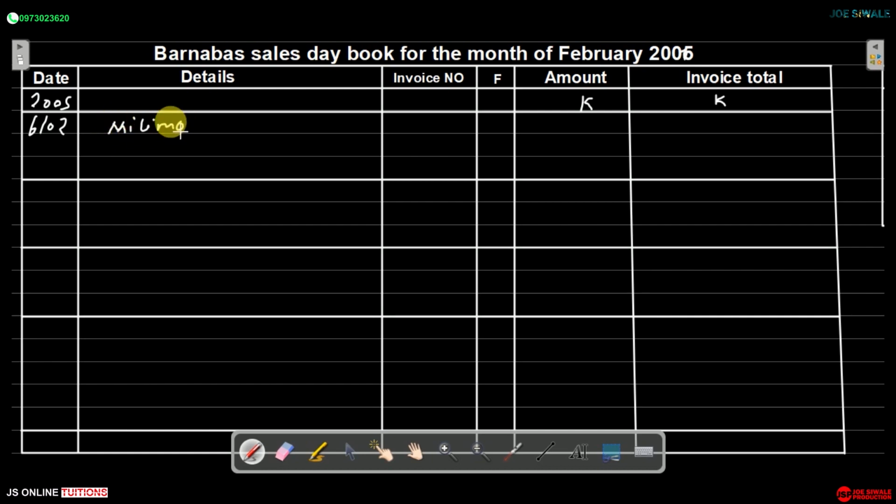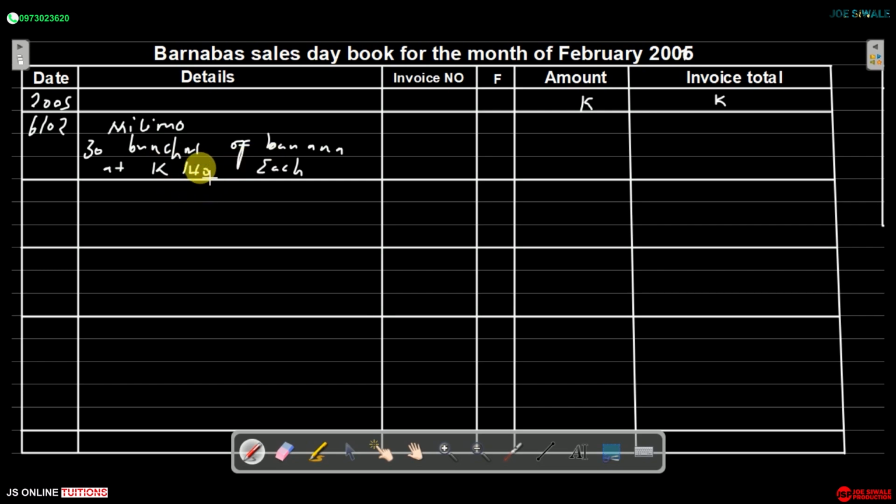If we look at the transaction for Milimo, it reads sold 30 bunches of banana at 140 kwacha each. So I've written 30 bunches of banana at 140 kwacha each.